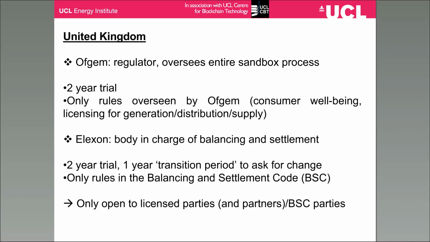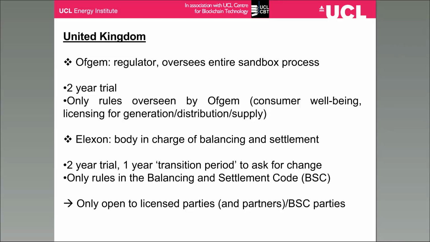Then under the Ofgem Sandbox, recently there has been a new development, which is that the entity in charge of balancing and settlements, called Elexon, has decided to open a sandbox, which will still be run by Ofgem as a gatekeeper, let's say.